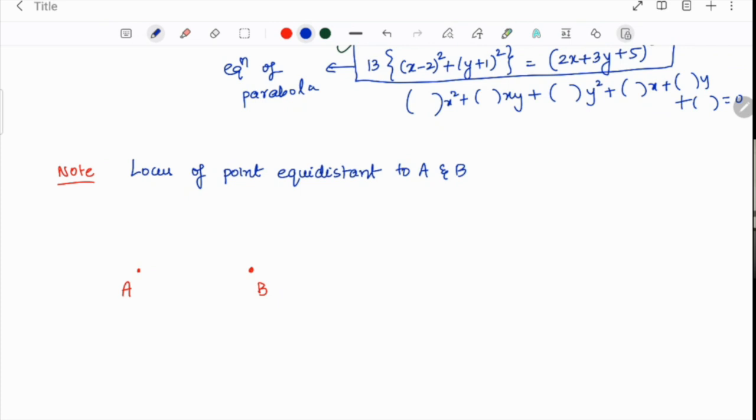Yes. So it would be a straight line. Which one exactly?